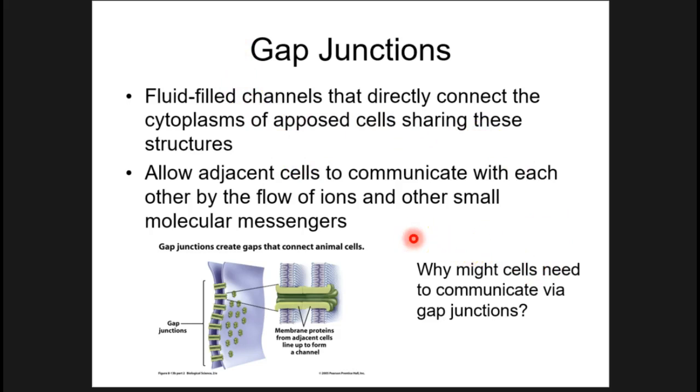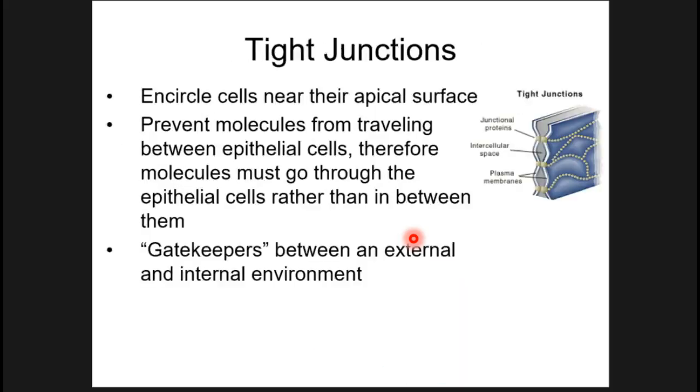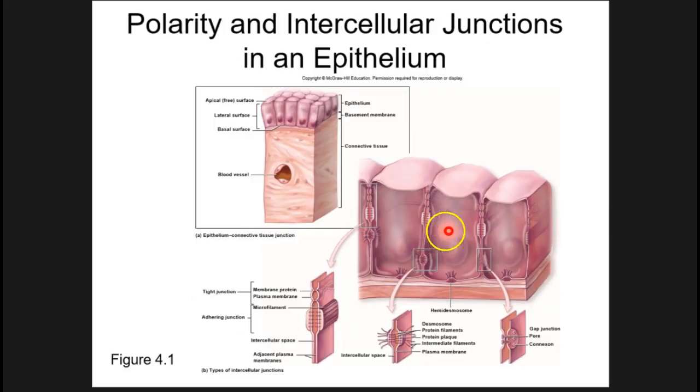Okay, any questions about those cell-to-cell proteins? Okay. What do adherens junctions do? Yes, purse strings that stabilize apical structure. Perfect. What do tight junctions do?